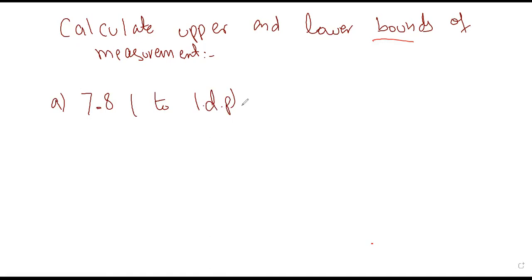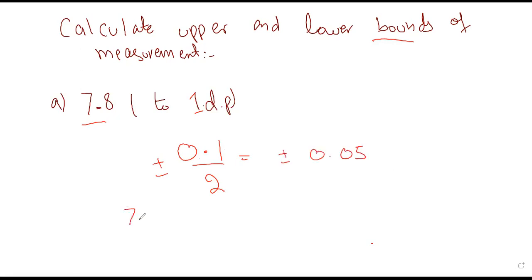What do we do in this case? 7.8 to 1 decimal place, right? What do we understand by 1 decimal place? 0.1, right? Divided by 2, that is going to give me plus minus 0.05.